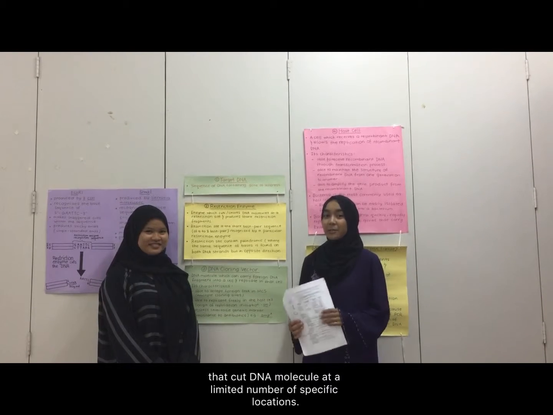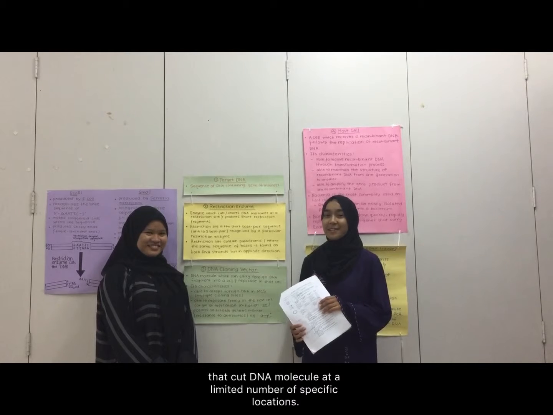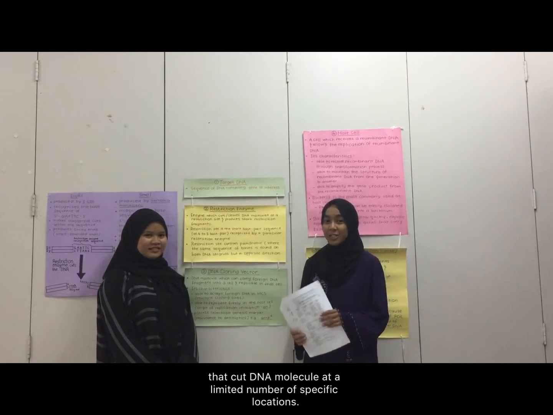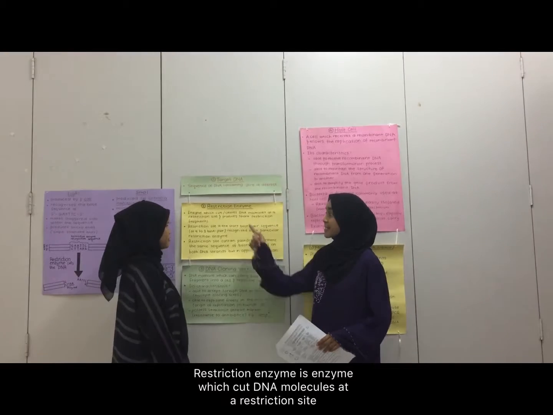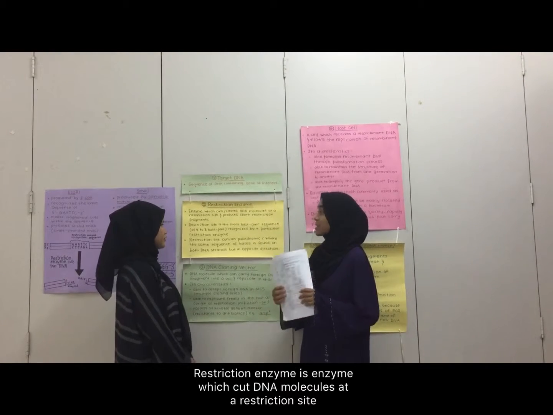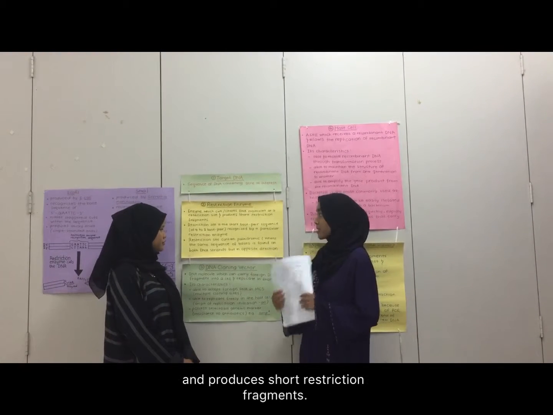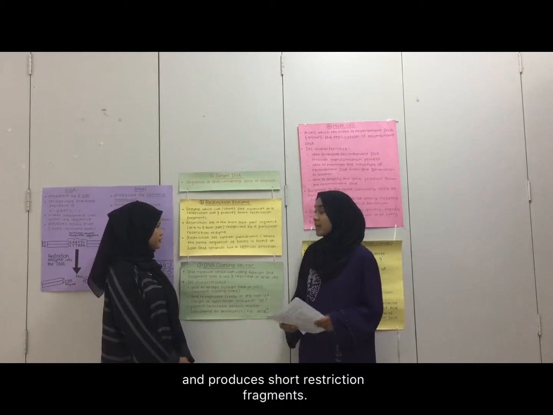Gene cloning and genetic engineering generally rely on the use of enzymes that cut DNA molecules at a limited number of specific locations. These enzymes are called restriction enzymes or restriction endonucleases. What is it? A restriction enzyme is an enzyme which cuts DNA molecules at a restriction site and produces short restriction fragments.